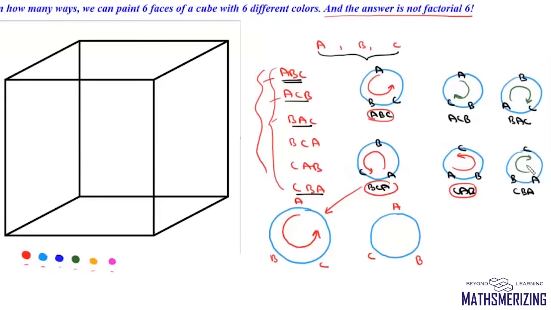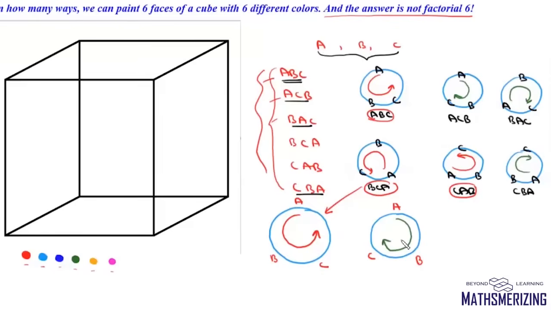So the remaining 3 arrangements correspond to this configuration, which is ABC in clockwise direction. So all the 6 configurations give way to only 2 configurations, which is either ABC clockwise or ABC anti-clockwise. So we have only 2 cases on a circle instead of 6 cases that were present on a line.